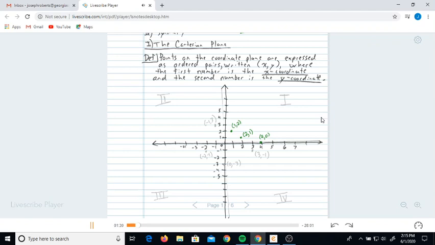We'll just label a couple of these. This point here is at, say, (-1, 3). This point is at (-2, -1). So you always look at the x position first. This point is at (0, -3). And this point is at (3, -1). And you get the idea.